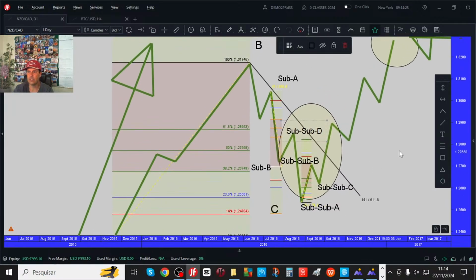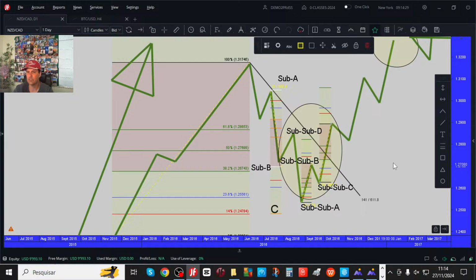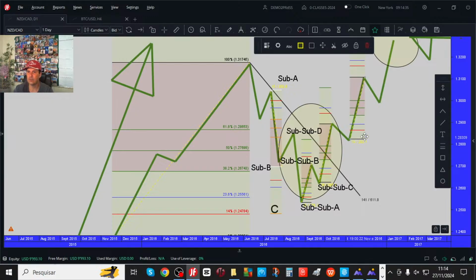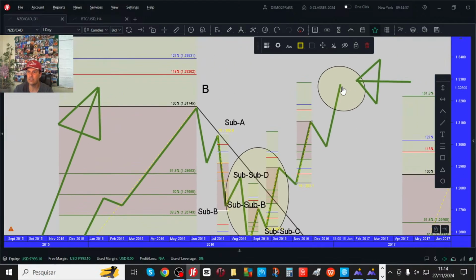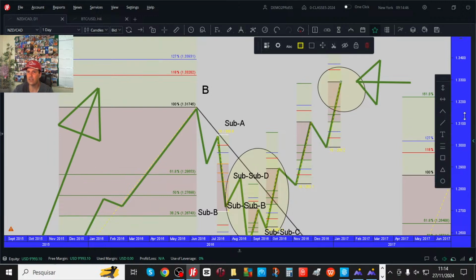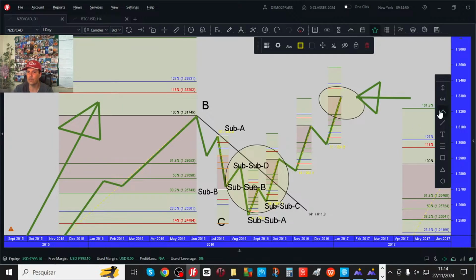And now I'm going to readjust it: sub A go to sub C, sub B go to sub D, and I'm going to readjust and readjust, everybody. And now this is going to be the last one. Okay, everybody, just an example.